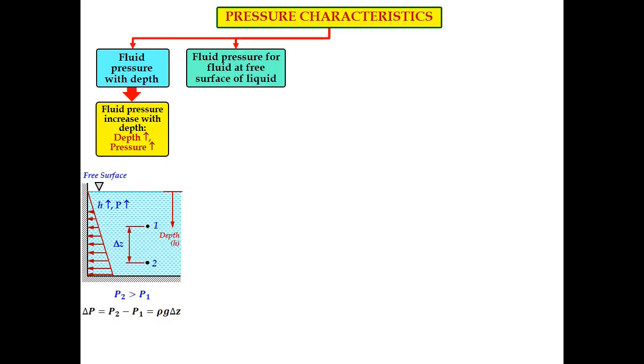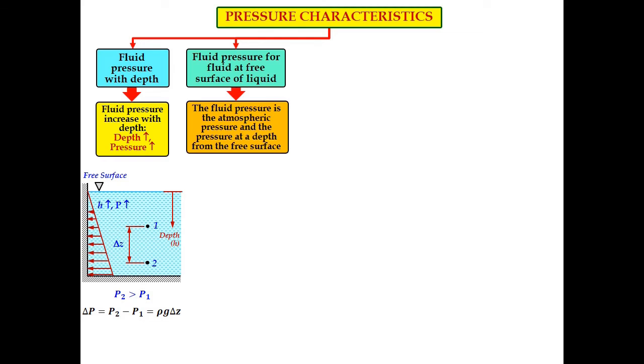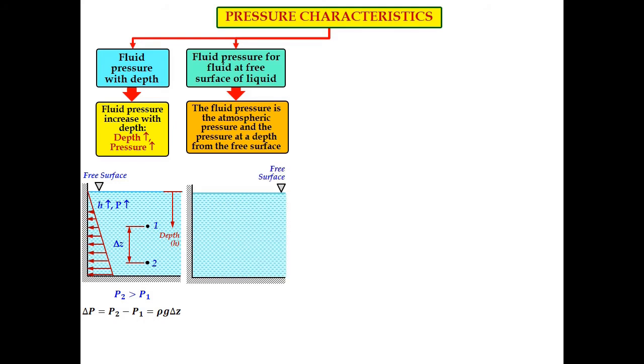Okay, next, the fluid pressure for fluid at the free surface of a liquid. We want a relationship in terms of pressure or pressure difference at the free surface of a liquid. The fluid pressure is the atmospheric pressure plus the pressure at the depth from the free surface. We use the same schematic diagram. We have the free surface of the fluid, with point 2 below and point 1 located at the free surface of the liquid.